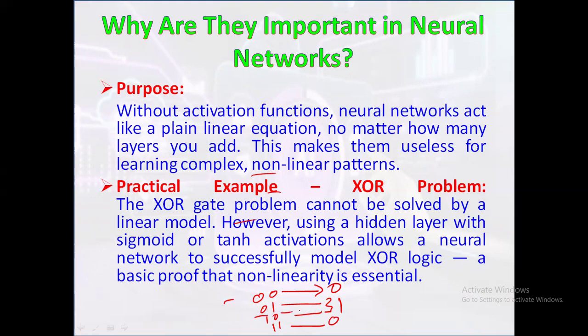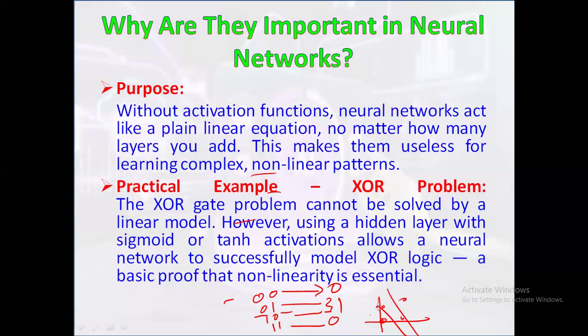This pattern cannot be learned using a single layer perceptron with a linear activation because no straight line can separate the output classes. We have seen that it needs two lines to separate them.